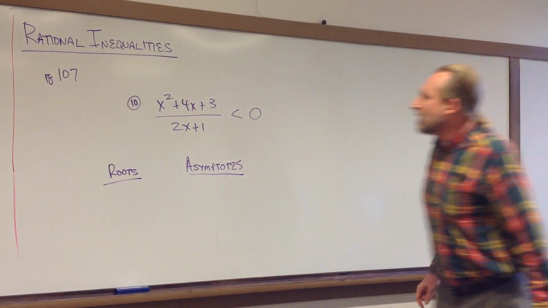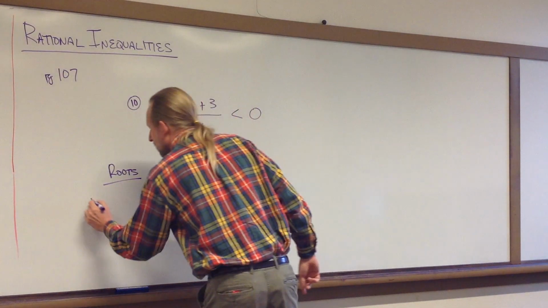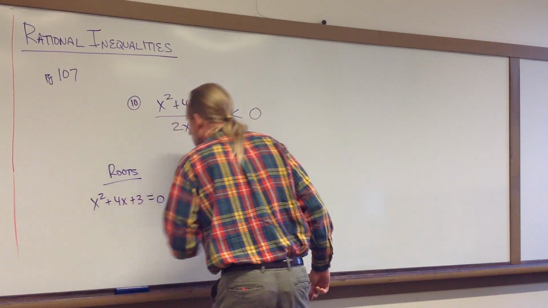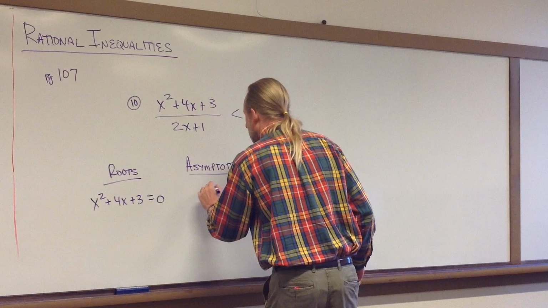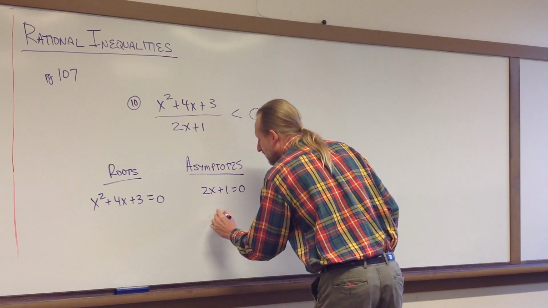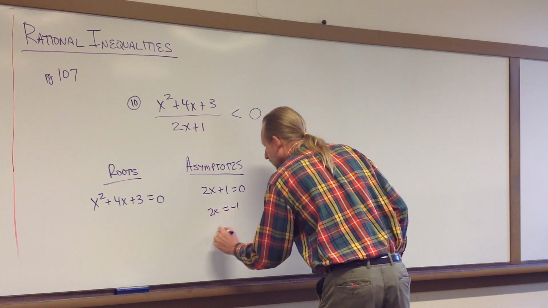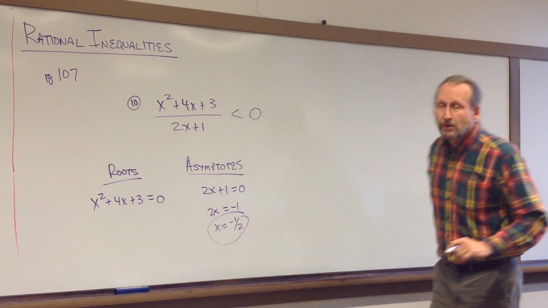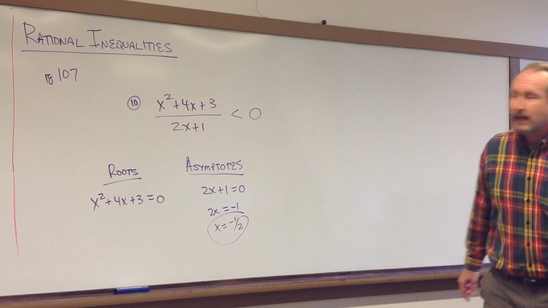So the roots, of course, come from where the numerator is 0, x squared plus 4x plus 3 equals 0, and the asymptotes, 2x plus 1 equals 0. This one's easy. 2x is negative 1, x is negative 1/2. So we should see an asymptote where x is negative 1/2.